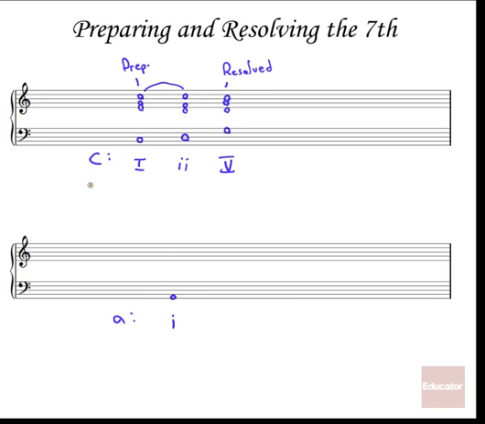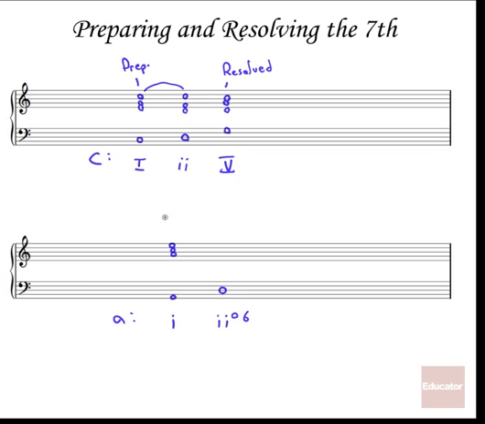So let's see, A, and then A, C, E. And now let's move this to a 4 chord. Or not a 4 chord, a 2 chord. 2 diminished 6, so 4 in the bass.